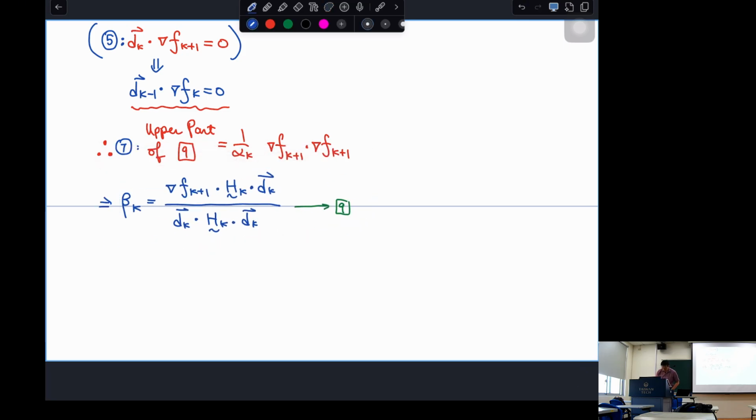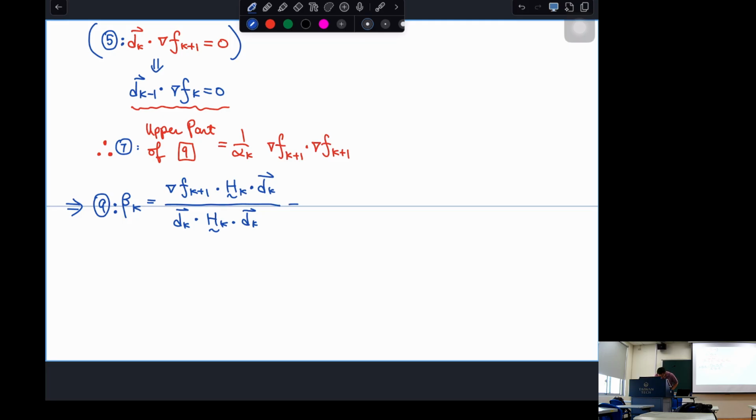So this is from 9. Okay, so now we can plug in the newly derived upper part of 9.